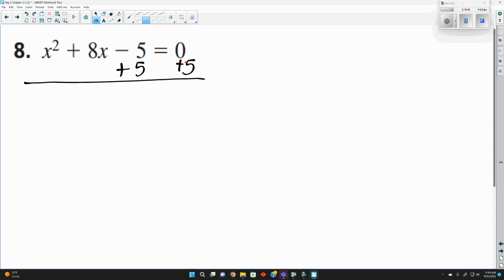We'd add 5 to both sides, telling us that we have x squared plus 8x plus blank is equal to 5 plus blank. We leave the blank so that we can add c back in later. Questions on this so far?